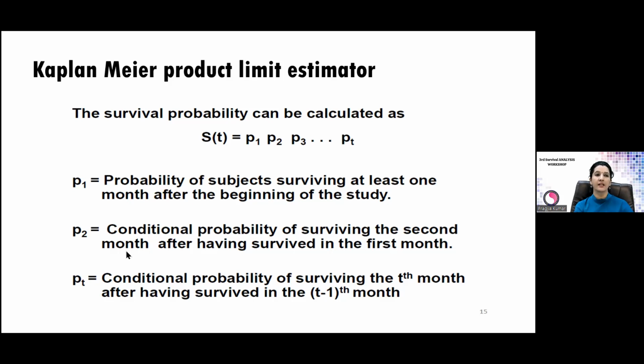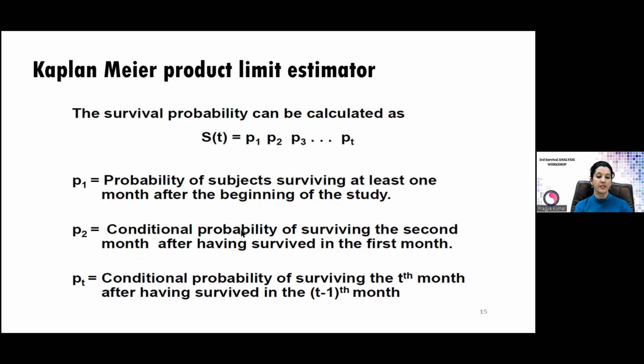Here I have taken the example of month. It depends on what the unit of measurement in your study is, and the conditional probability will change accordingly. Like if you are measuring in seconds, then it will be first second, second second, something like that. Or if you are measuring it in years, this time will be changed to years.